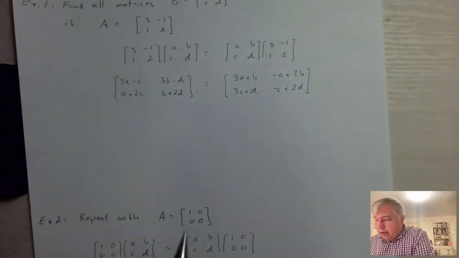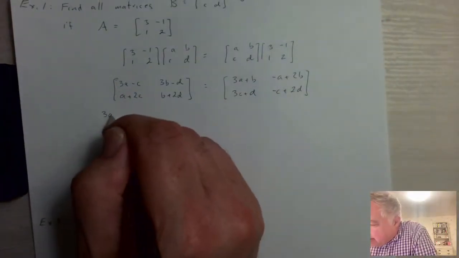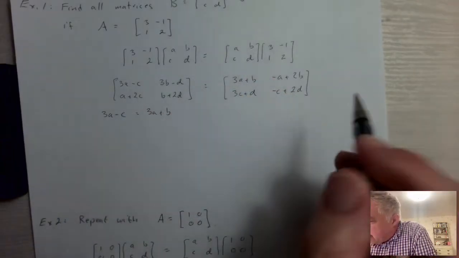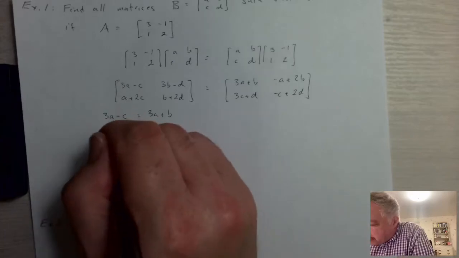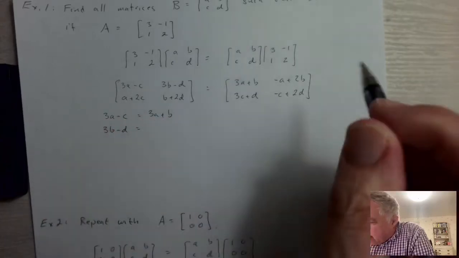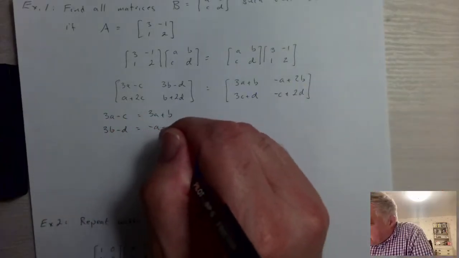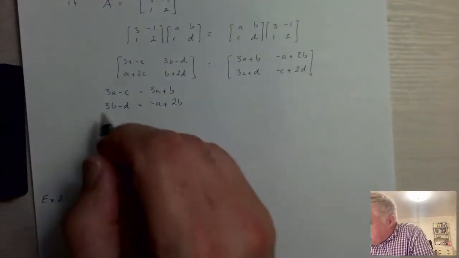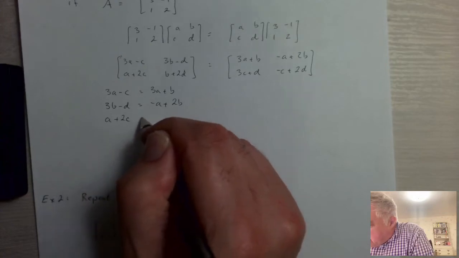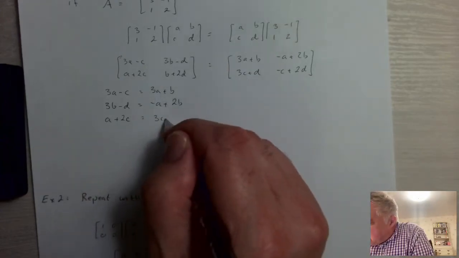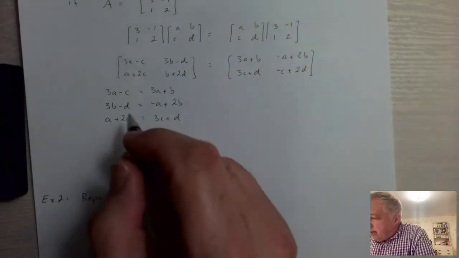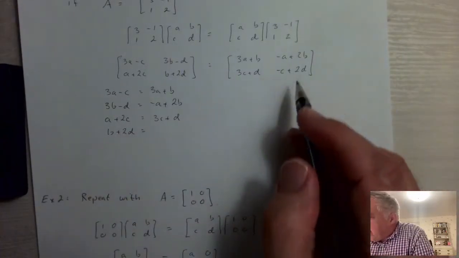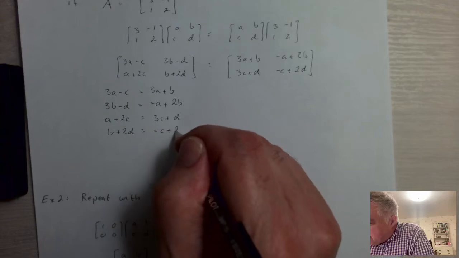Okay? And so this implies that 3A minus C equals 3A plus B, 3B minus D equals minus A plus 2B. Then we have A plus 2C equals 3C plus D, and then B plus 2D is equal to minus C plus 2D.